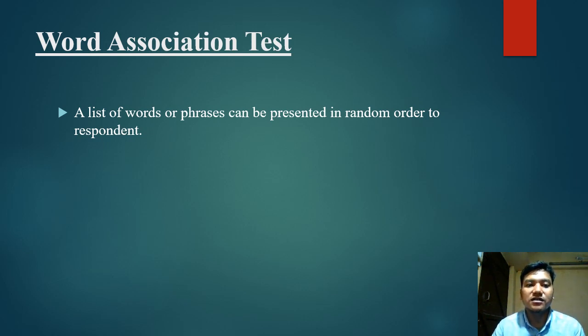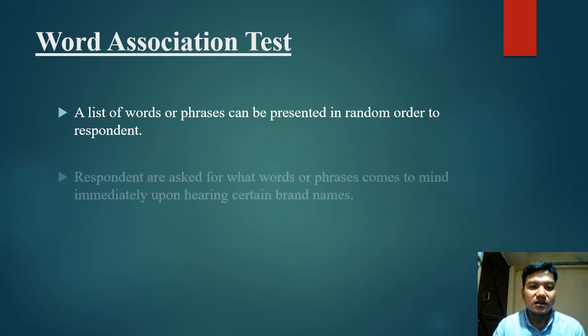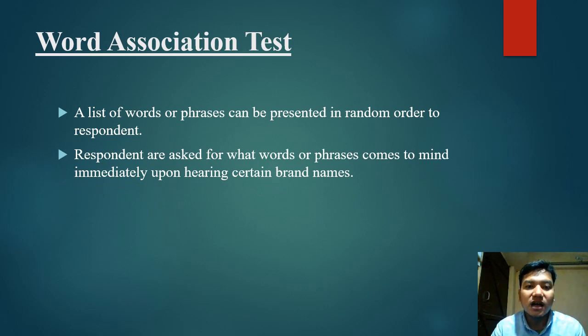Thinking of the word city, he might say crowded, beautiful, enjoyable, or whatever comes to his mind. Respondents are asked for words or phrases that come to mind immediately. As I have said, what comes to his mind first based on that presented word or phrase, he or she has to answer it.